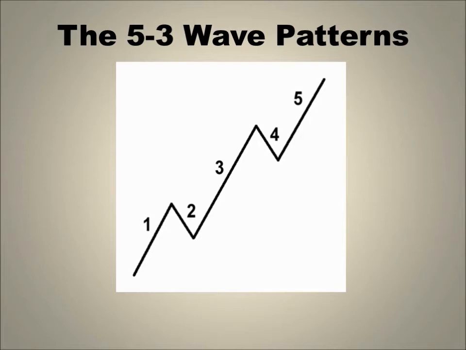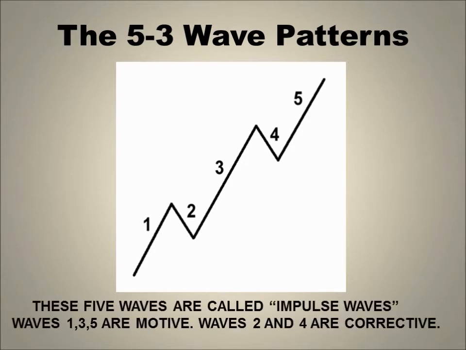Wave number 4 retraces, and then wave number 5 continues that bullish trend. So the 5 waves are called impulse waves. The waves that are going up in the same direction are the impulse waves, and waves 2 and 4 are the corrective waves.